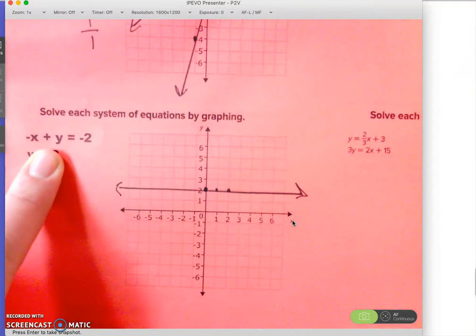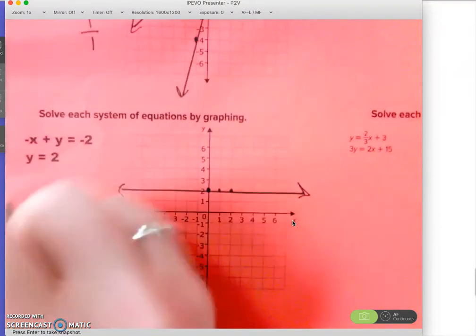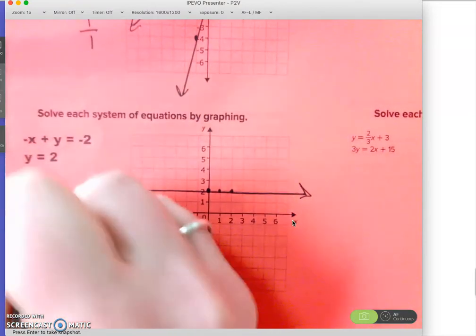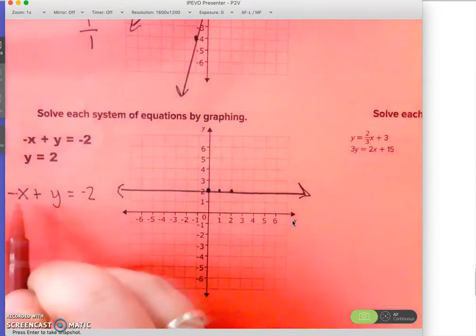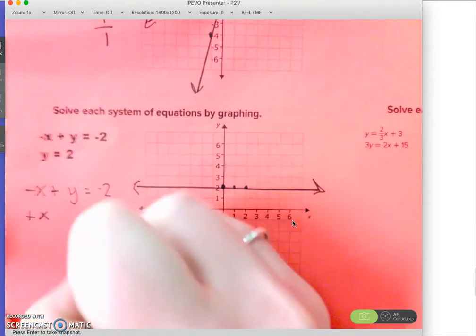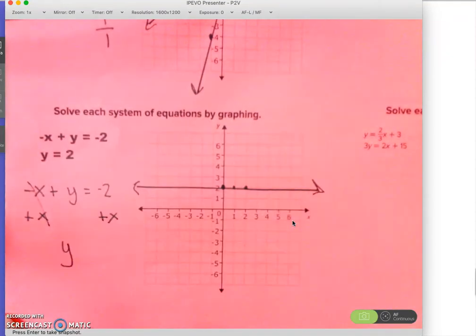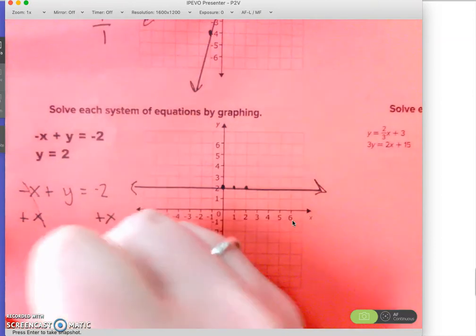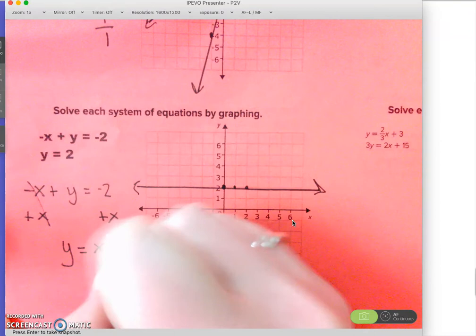If I look, this is not in slope-intercept form, so I want to get it into slope-intercept form. That means I want to get y by itself. So how do I get rid of negative x? I have to add x to both sides. So this will cancel out and go away. I have y left equals x, which I want to write first, and then I have to write the negative 2.